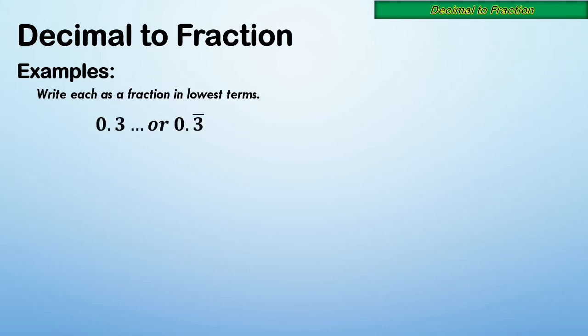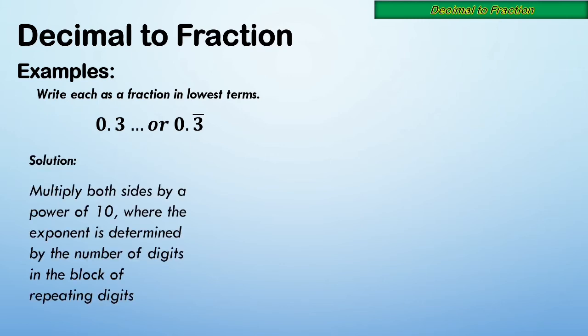How about if it is repeating decimal? Kasi yung kanina, example natin is terminating decimal. How about kapag repeating? Okay, tingnan natin. 0.33333 or 0.3 na may line sa ibabaw. Ibig sabihin, repeating yung 3. Ito yung first step.